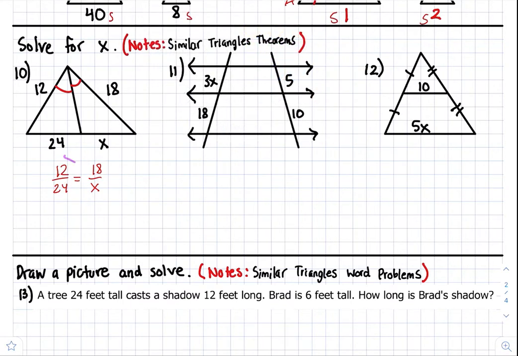It's way too thick. Okay, so 12 times x is 12x, equal to 24 times 18, which is going to give us 432. Divide both by 12. X is going to equal 36.